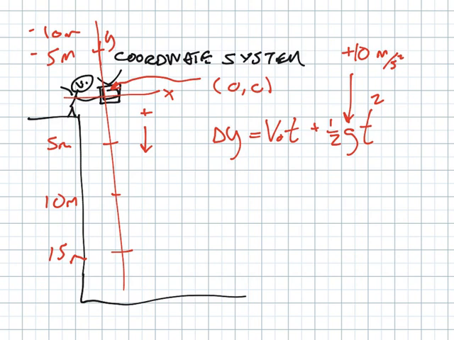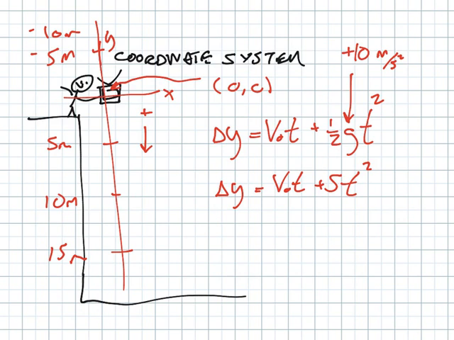So if you want to plug in the numbers, it's half times 10, which is 5. You might ask, why don't you just write 5 instead of 1/2 g? Because we're going to use that g in other equations as well, and if I just write down the 5, you might forget that it's proportional to the acceleration due to gravity.